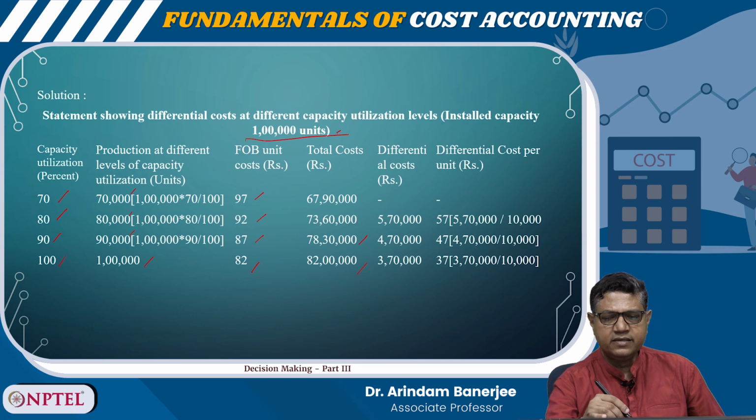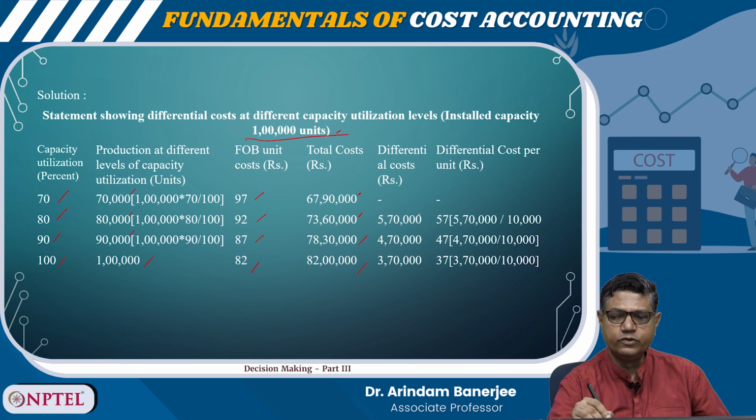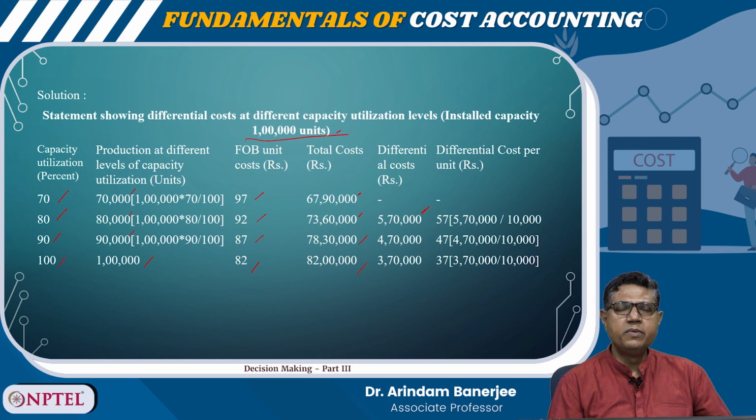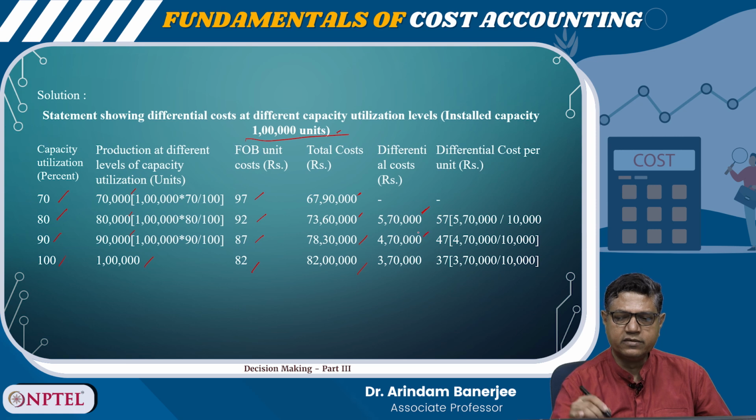So, 73 lakh 60,000 minus 67 lakh 90,000 comes to 5 lakh 70,000, right. Similarly, 78 lakh 30,000 minus 73 lakh 60,000 comes to 4 lakh 70,000. 82 lakh minus 78 lakh 30,000 is coming to 3 lakh 70,000, right.